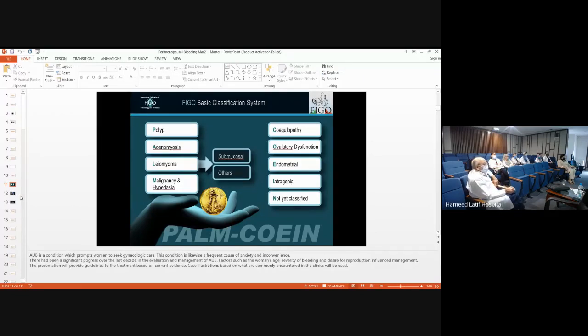AUB-C, coagulopathy, AUB-O, AUB-E, and so on. And also N, if you do not know what is there, or if it does not really fall into any of these 8 categories. So this is how, instead of saying, that would denote what your provisional diagnosis is, what is the cause of that abnormal uterine bleeding.